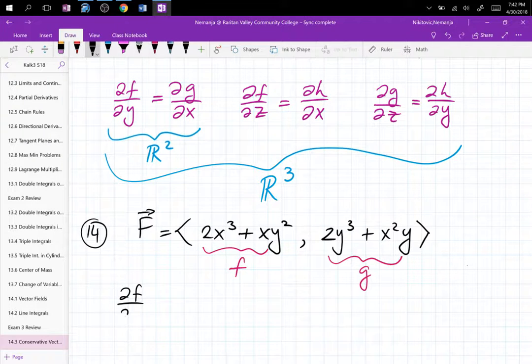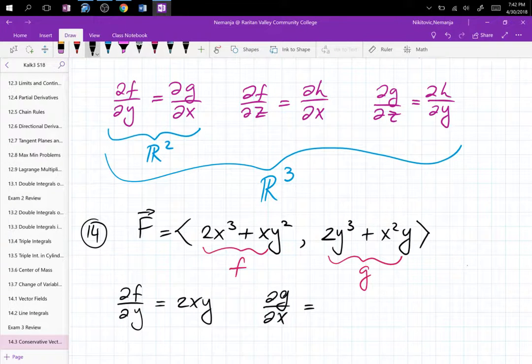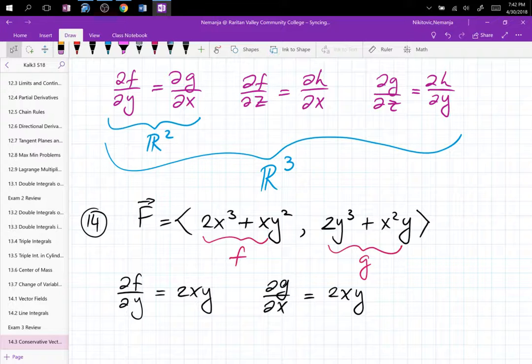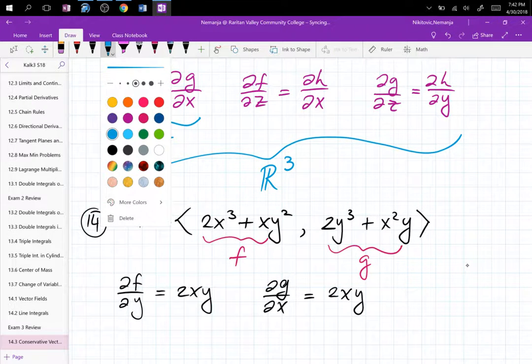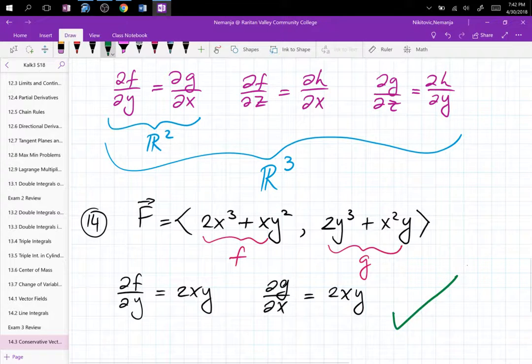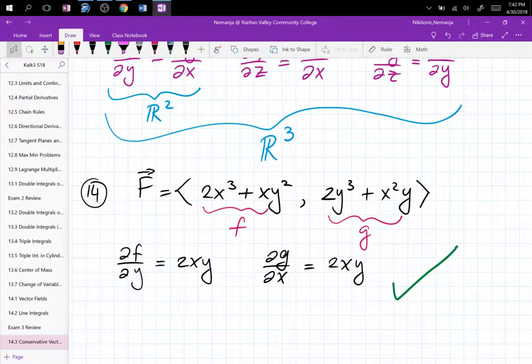So partial f, partial y is 2xy, right? And then partial g, partial x, also 2xy. So I'm going to put a big fat green check mark, because we have the condition where partial f, partial y is the same as partial g, partial x.